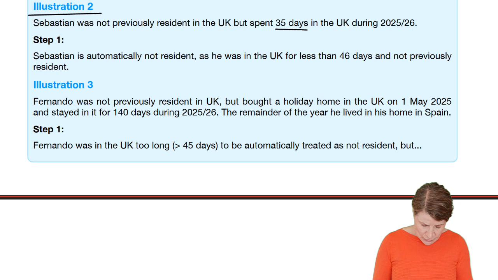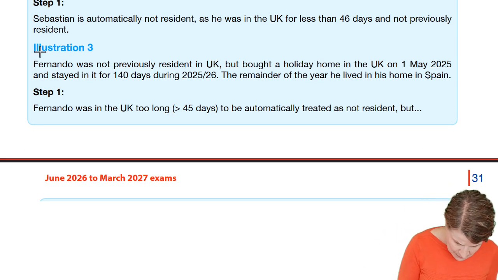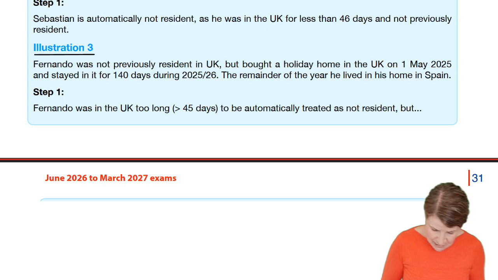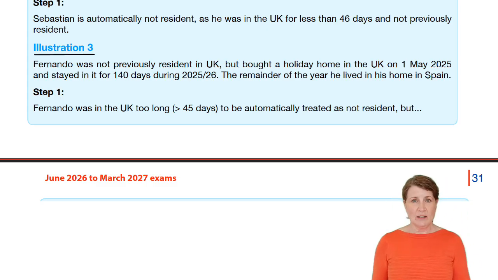Now, moving on to the next illustration, we've got Fernando. Now, he's not previously resident in the UK, but he's bought a UK holiday home on the 1st of May 2025, and he stayed in it for 140 days during 2025-26, and the remainder of the year he spent in his home in Spain. It's usually the other way around, isn't it?